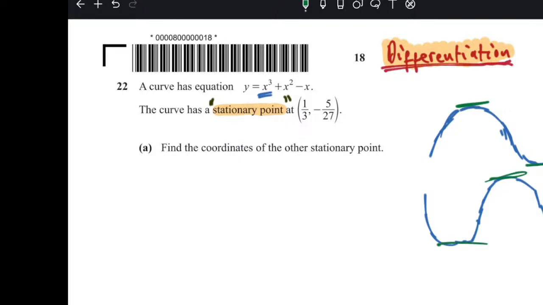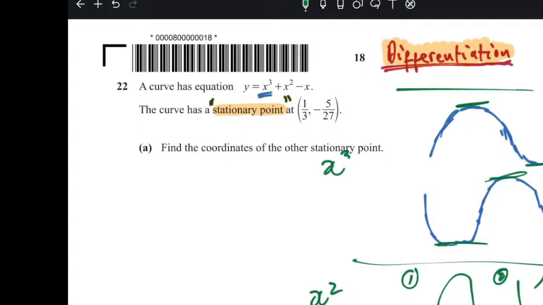All right, so it may curve once like this only, or like this if it is for x squared. For x squared, you get either this one or this one. For x cubed, if the highest power is cubed for y equal to x cubed, then you're going to get either this one or this one for x cubed. All right, so you have seen the types of graphs you're going to get.